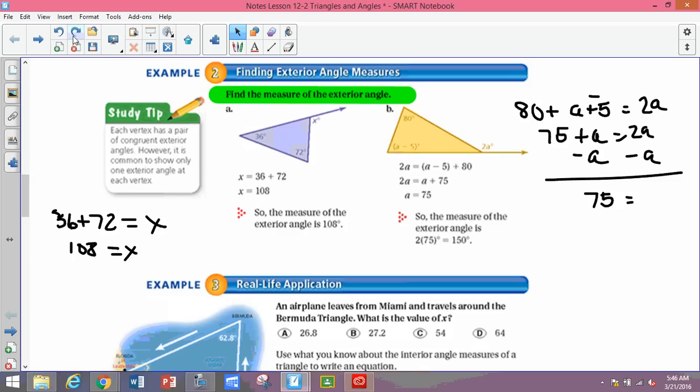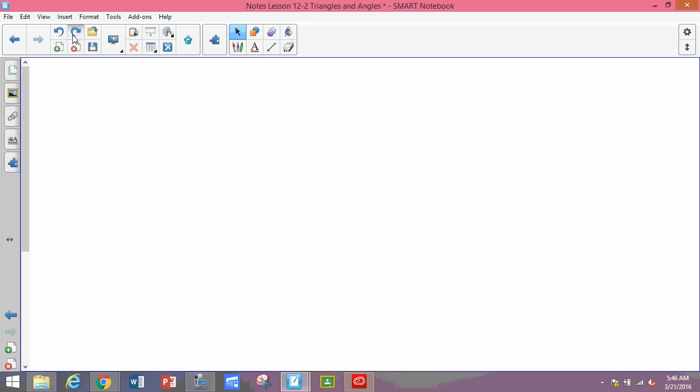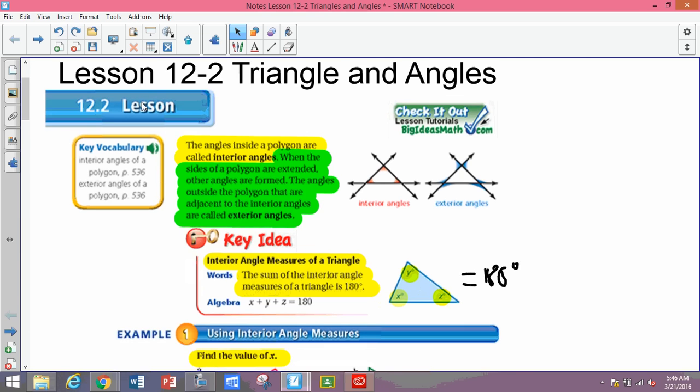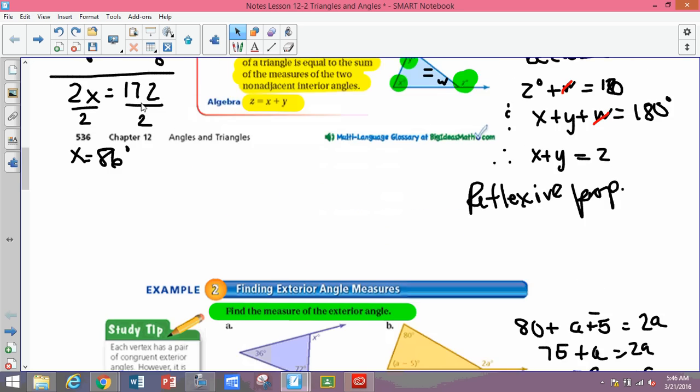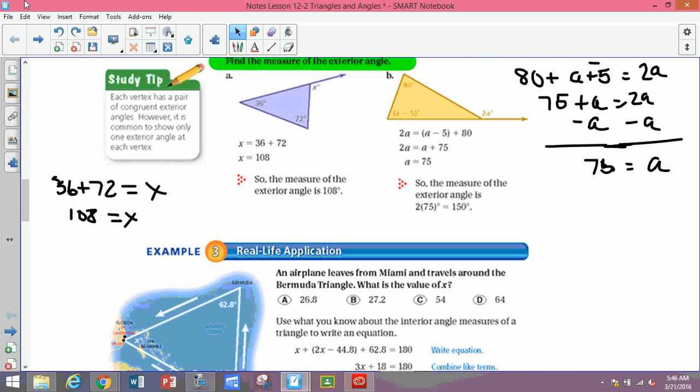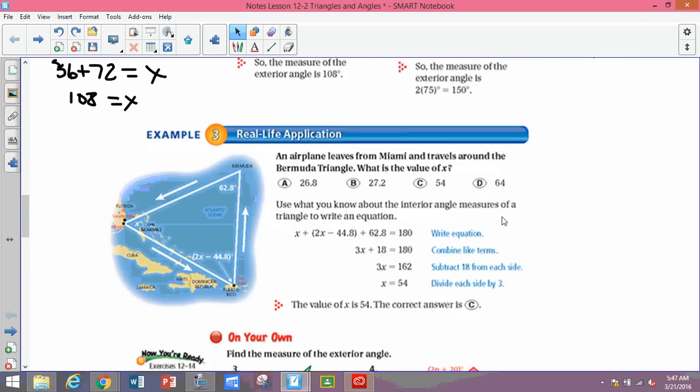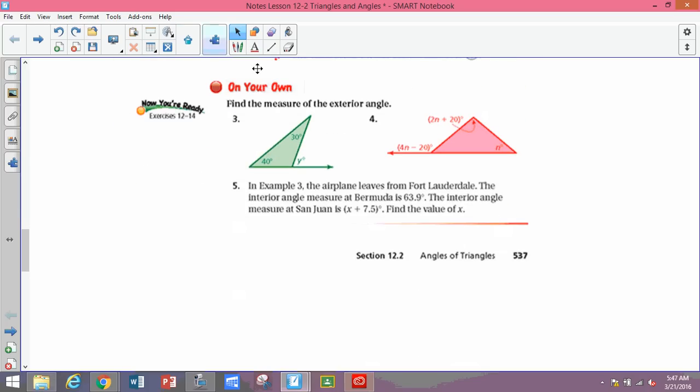You end up with 75 equaling a. And I put degrees, and it's not a degree. Oops, I did it again. It's 75 because there is no degrees here. So it's just 75.